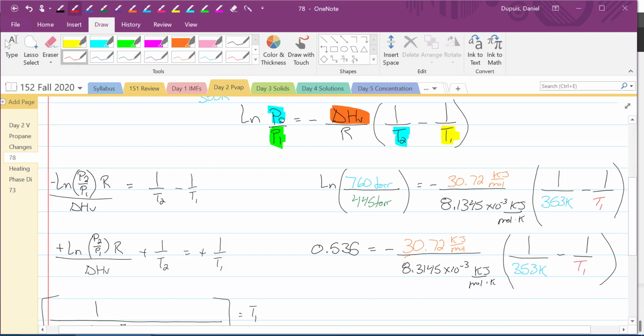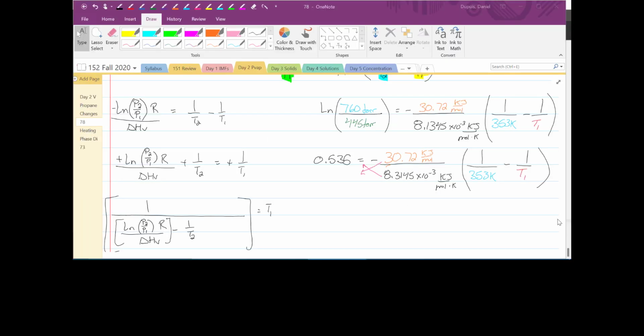Alright, so now coefficients here have to go away, right? I have to bring 8.3145 up and the 30 down. So I'm going to take R up, delta H down.